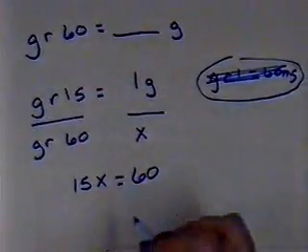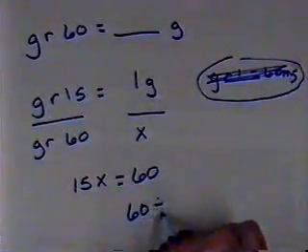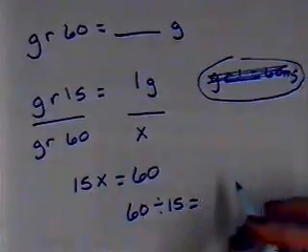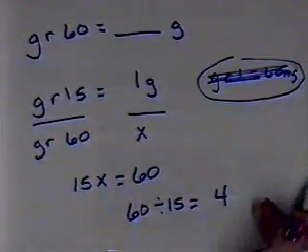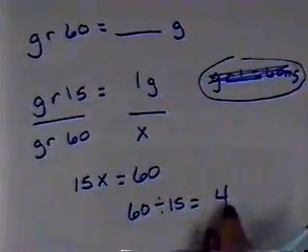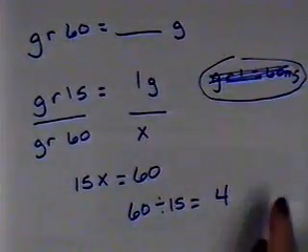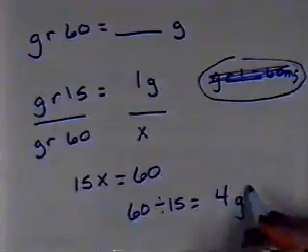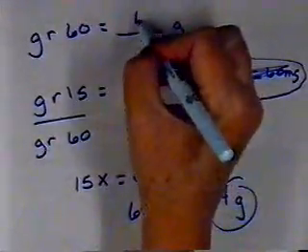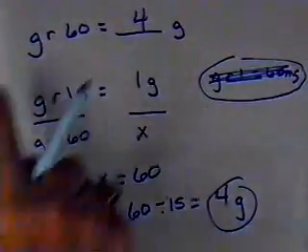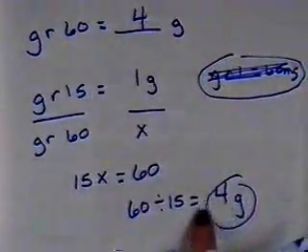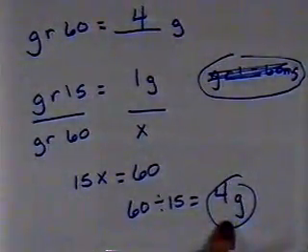And then take 60 divided by 15. And 60 divided by 15 is 4. Now your answer needs to be labeled 4 grams. You can label it down here, or if you put your answer in the blank, the gram is already there. But either fill in the blank or make sure you put the label on it.